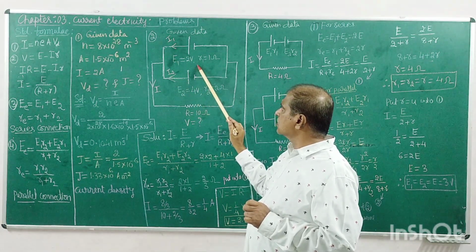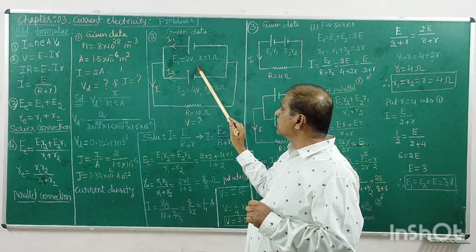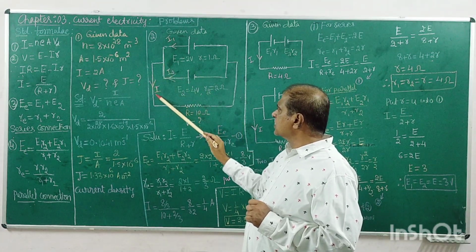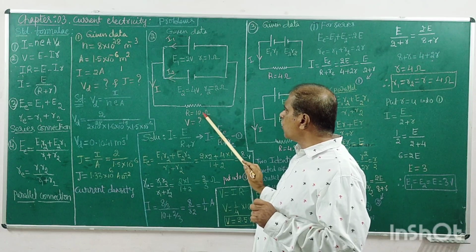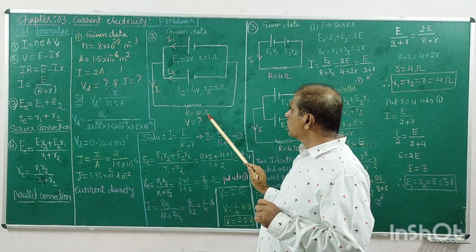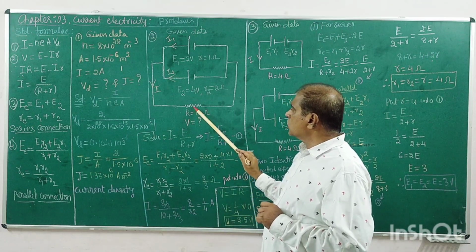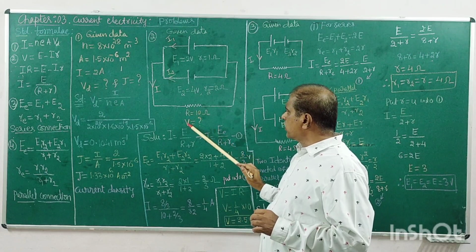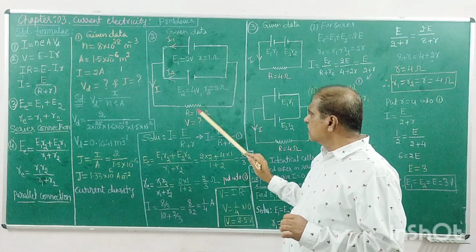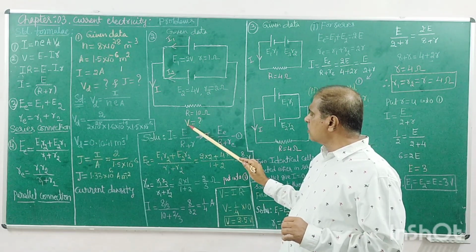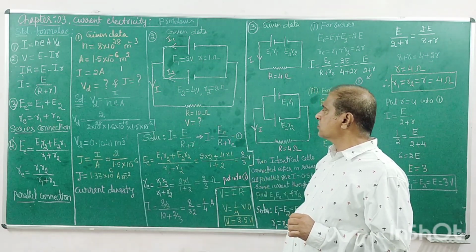This parallel connection is connected to an external circuit having a resistance of 10 ohm, and we are asked to calculate the potential difference across this resistance, or the potential drop at this resistance.